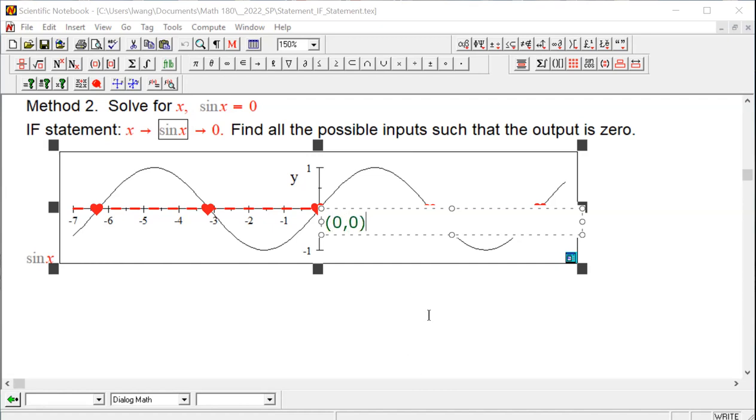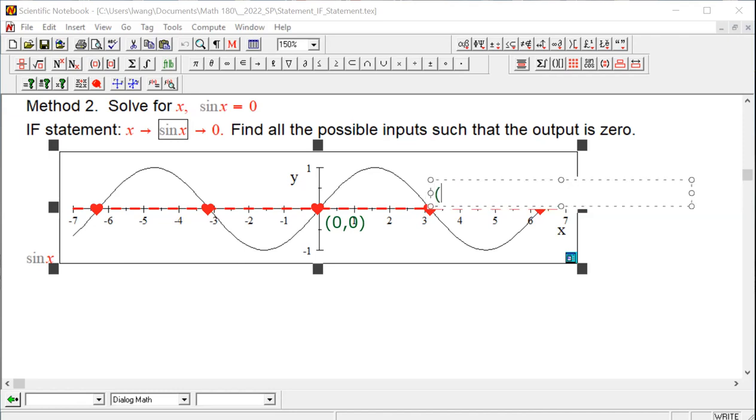Input 0, output 0. The input for sine is 0, and the output for sine is 0 because this is a sine curve. How about this point? Pi, 0. Sine pi is 0. How about this point? 2 pi, 0.